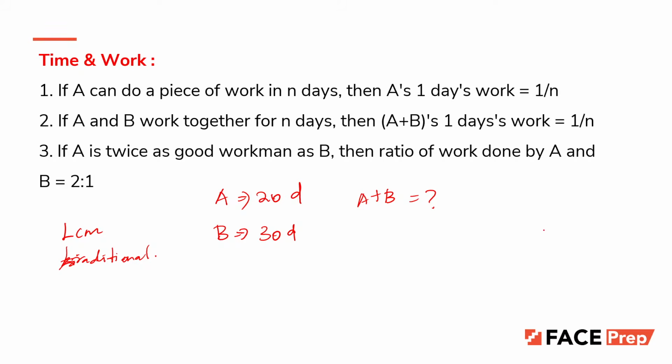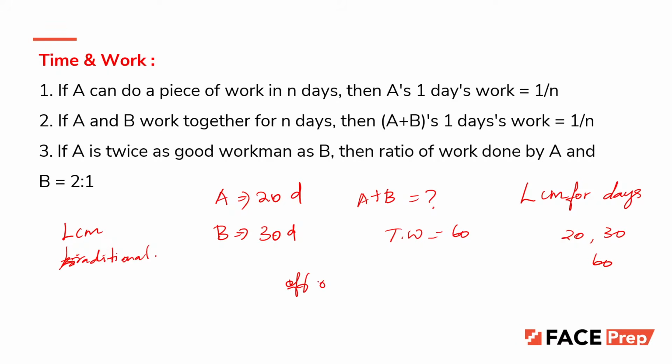For LCM, in any time and work question you get, the first step is to take the LCM of the days. What is the LCM of 20 and 30? That is 60. So you assume the total work is 60, and then you take the efficiency of each person.